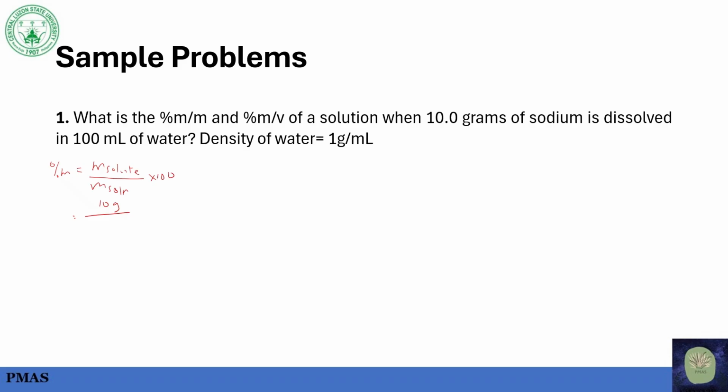Therefore, the mass of the solution is the combined mass of solute and solvent, 10 plus 100 grams. Therefore, we have 9.09%. So that's for the percent by mass.